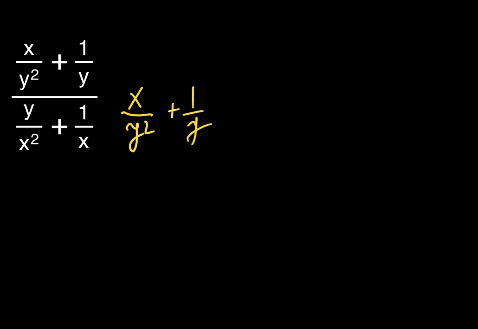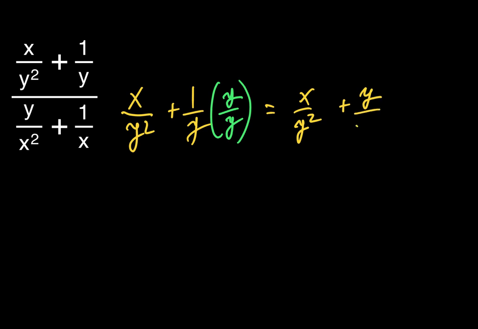So I need to multiply this, we did this the other day, by y over y. Y over y is 1. So multiplying that by 1, you multiply by 1, it still is the same value, it just looks different. So then I'll have x over y squared plus y over y squared. Now I have same denominators, now I can add.